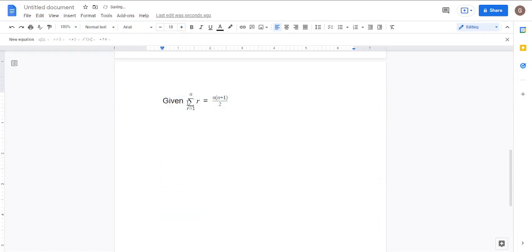Given this, we need to prove that this is the case for all natural numbers.